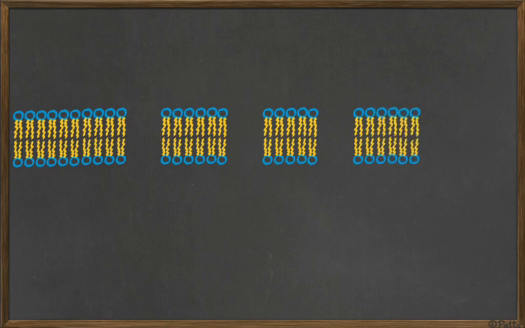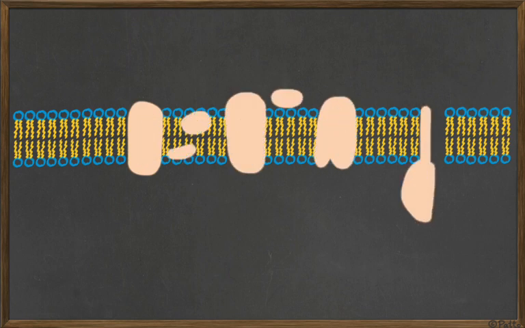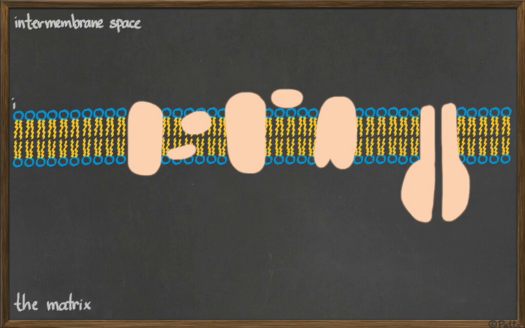So we have the matrix on the bottom, and the intermembrane space on the top. This here is the inner membrane with a few proteins. The intermembrane space is the space between the outer membrane and the inner membrane, a very narrow, very small volume space. And at the bottom we have the matrix, the equivalent of the cytoplasm of the mitochondria.